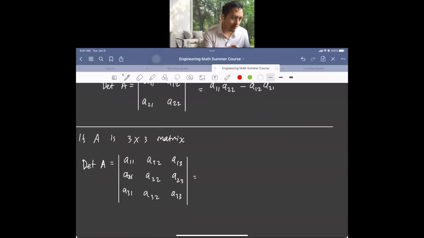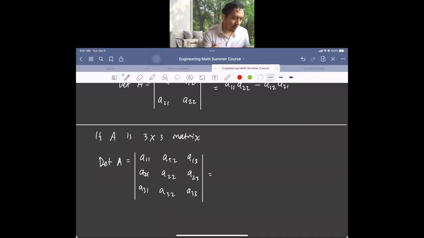We can write the determinant of this matrix in terms of, let's say, row 1.